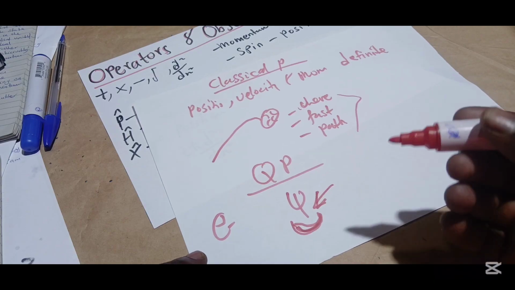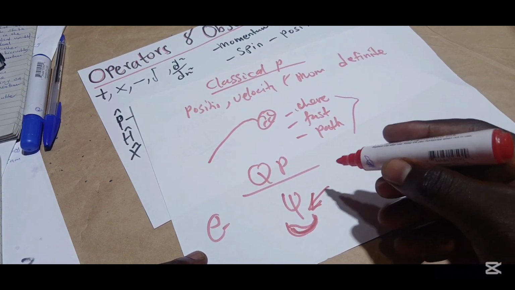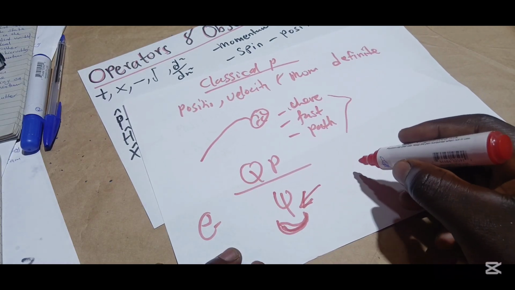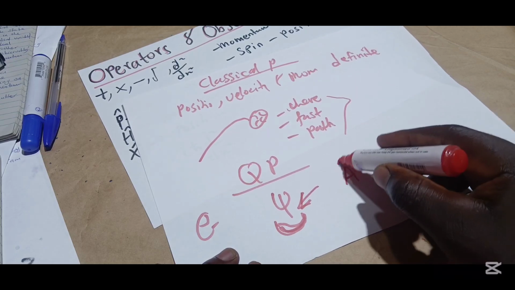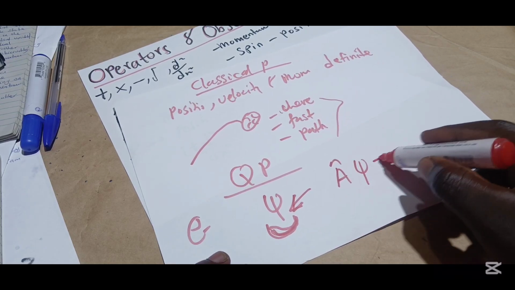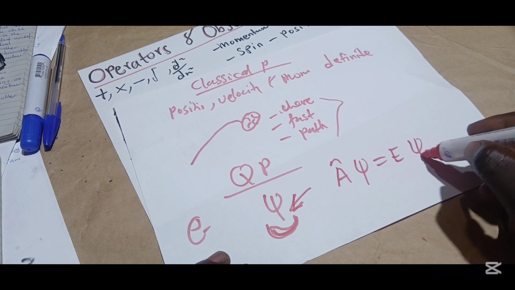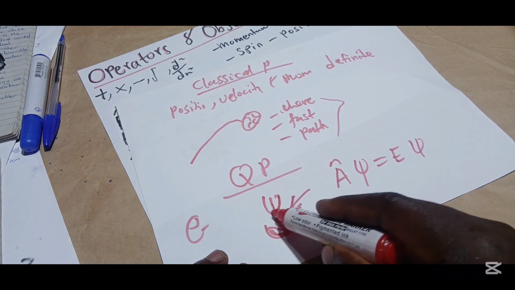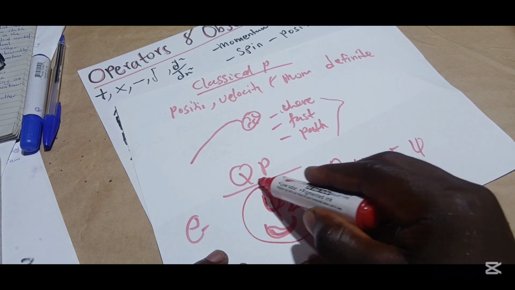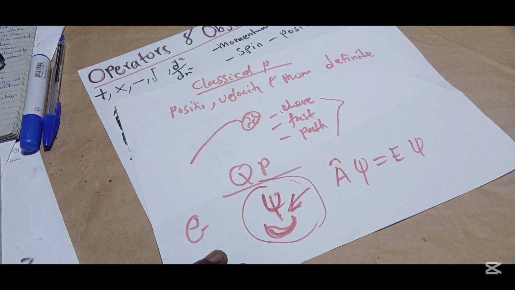For instance, let me just write a certain equation for your understanding. Let's say an operator A will operate on our wave function to give us energy and then our wave function again. So you could see that this wave function is giving us something about the electron.